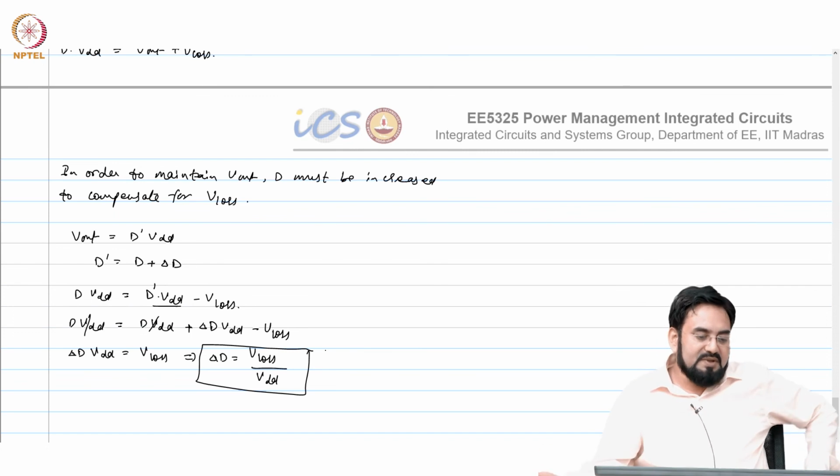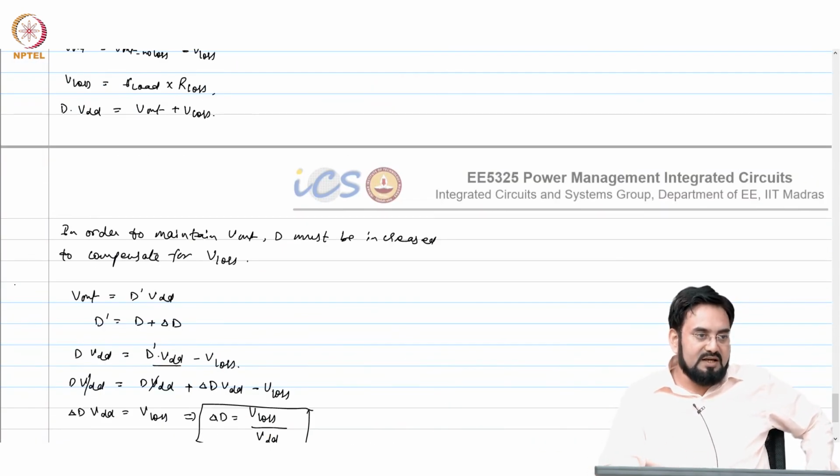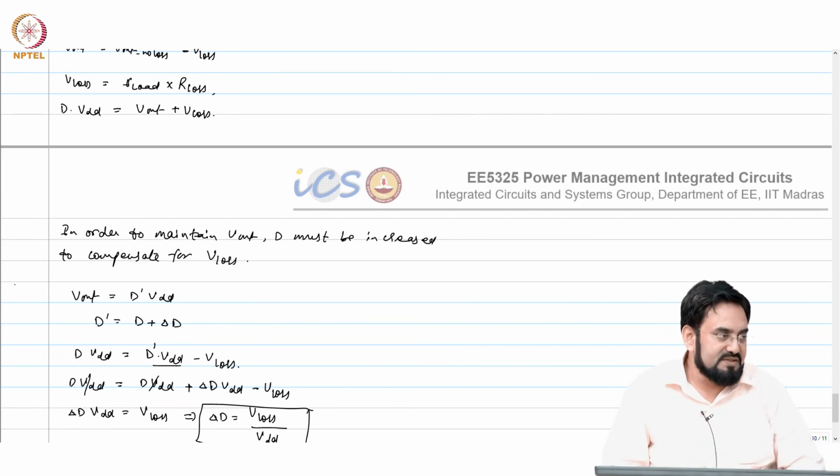And V loss is nothing but I load into R loss, which means your V loss is a function of load current. So, this delta D also needs to be varied with the load current. So, you can no longer operate this in the open loop. You have to do some calculation and change the duty cycle, and if you do it manually, then it will be a very slow process.